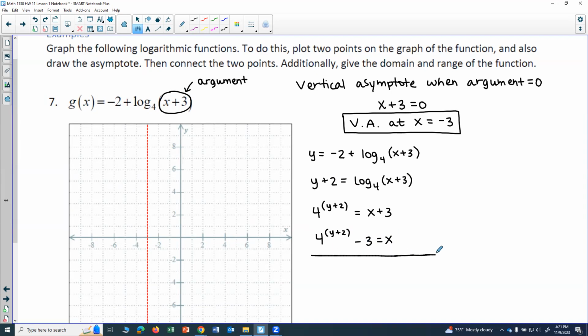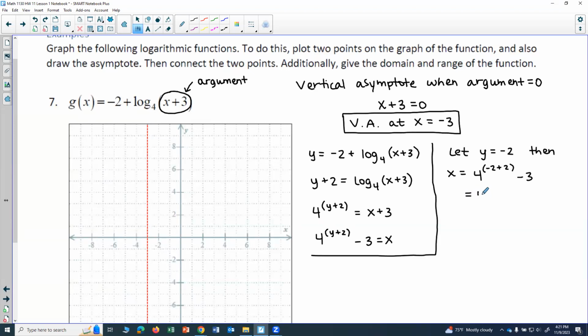So now I've put my equation in a form where I can pick y values and actually figure out what x is. For example, let me pick the y value that's going to make the exponent equal 0. So let y equal -2. If I do that, then x is going to equal 4 to the (-2 plus 2) minus 3.